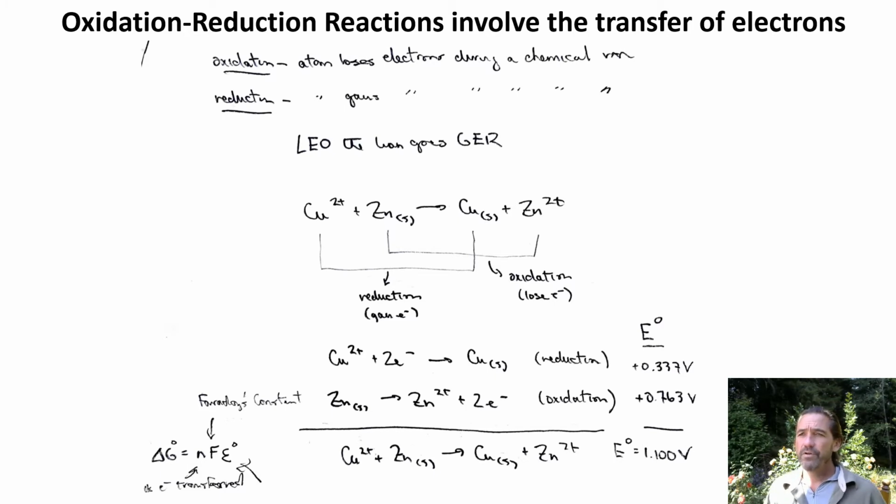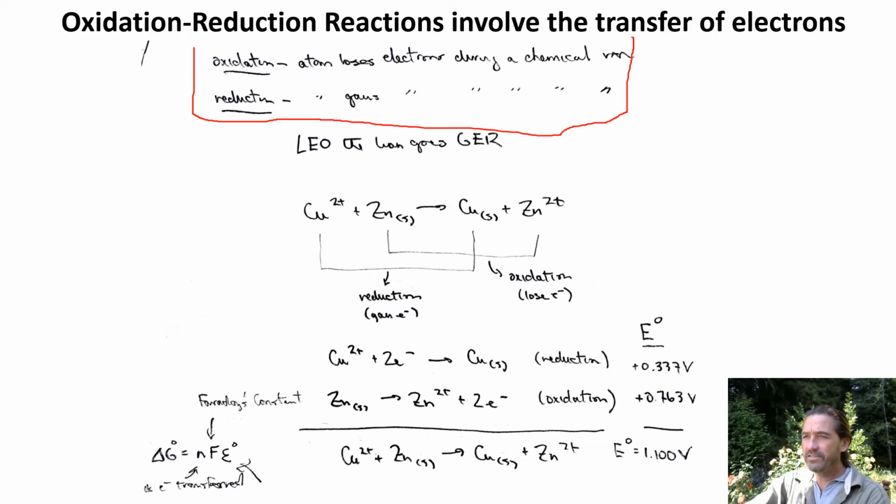And so let's review some of the general terminology for oxidation reduction reactions. So first, definition of oxidation and reduction. Oxidation is when an atom or molecule loses electrons during a chemical reaction.